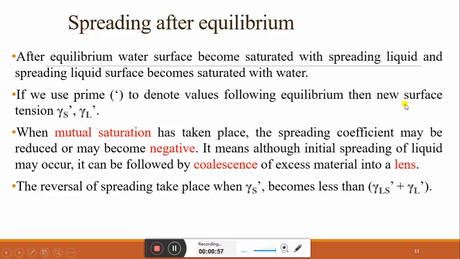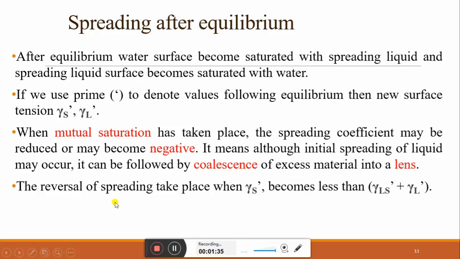So the new surface tension of the liquids after mutual saturation is denoted with gamma S dash and gamma L dash. Sometimes the initial spreading may be positive, so that leads to spreading of liquid over the sublayer of liquid. But after mutual saturation, that spreading coefficient becomes negative or it reduces, and in that case the initial spreading of liquid may occur, but it is followed by coalescence of excess material and that is converted into lens form.